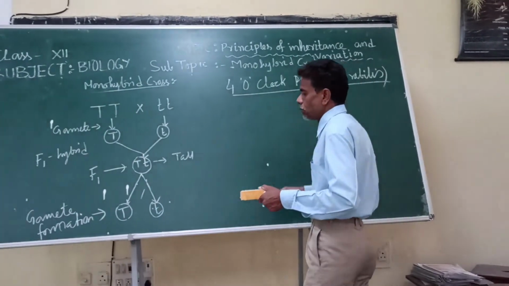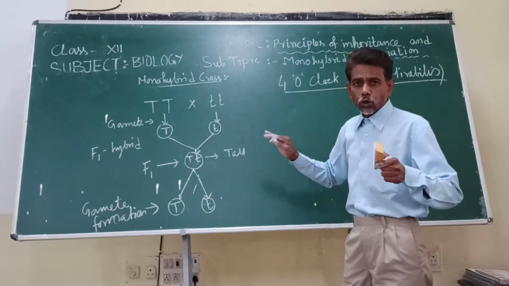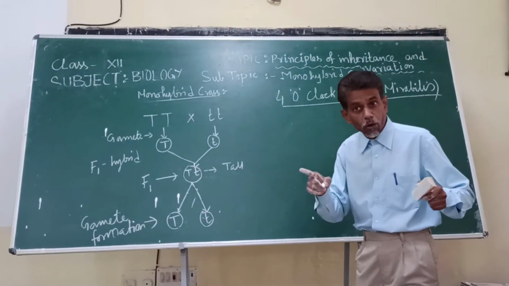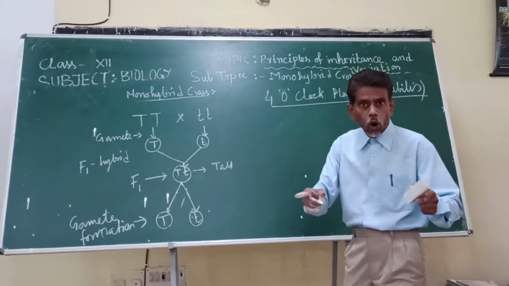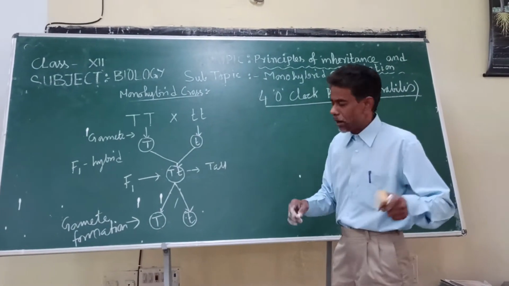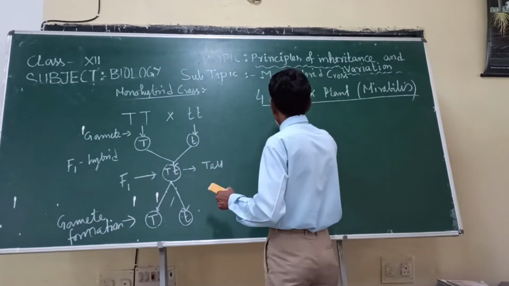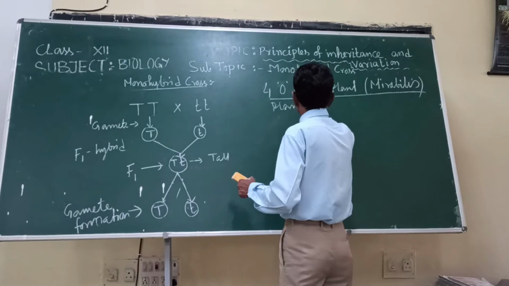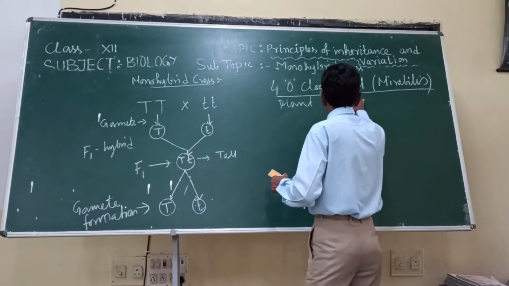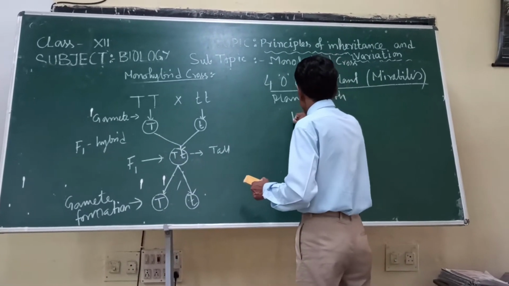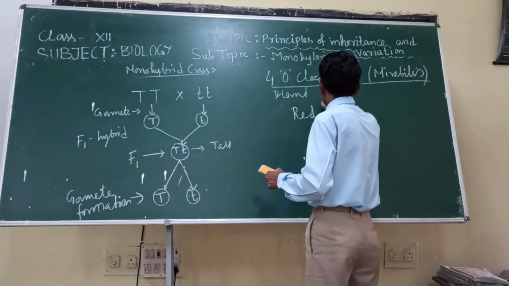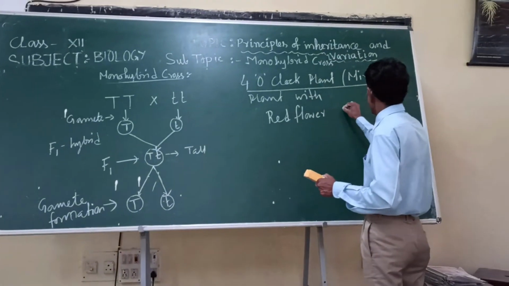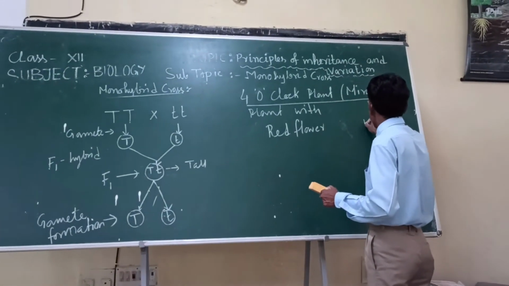What was the experiment? Correns took a pair of contrasting characters for conduction of the same monohybrid cross done by Mendel. What was the character? He took a plant with red flower and white flower.